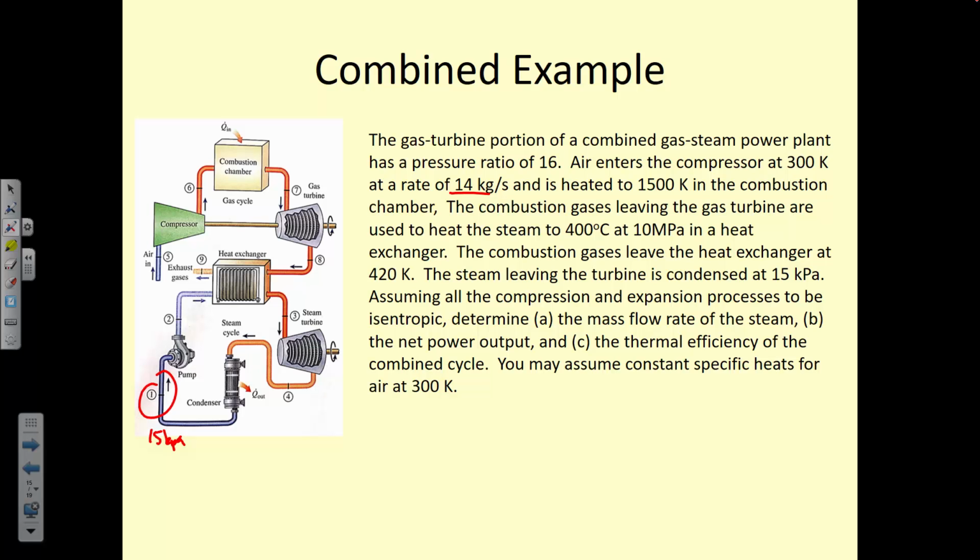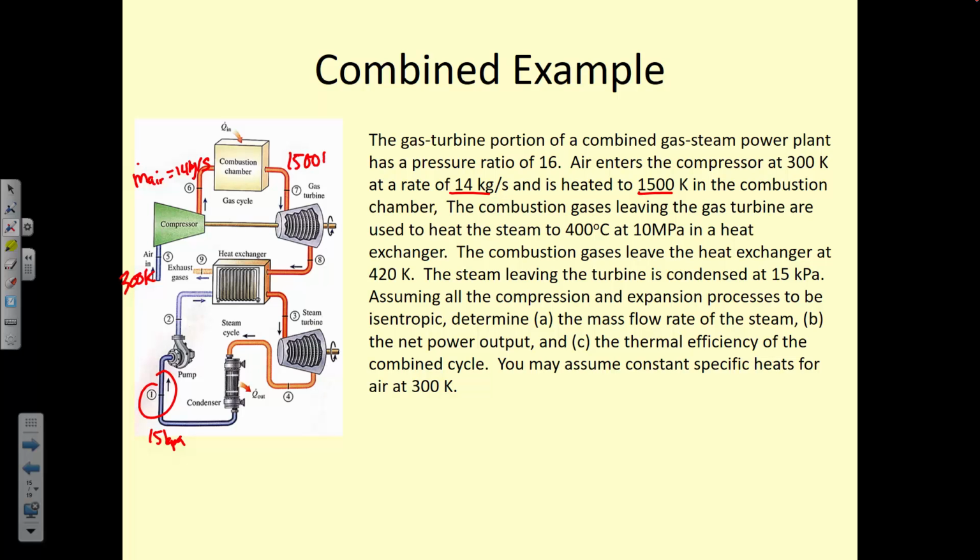So air enters the compressor at 300 Kelvin at a rate of 14 kilograms per second. So the m dot of the air is 14 kilograms per second. And it's heated to 1500 K in the combustion chamber.